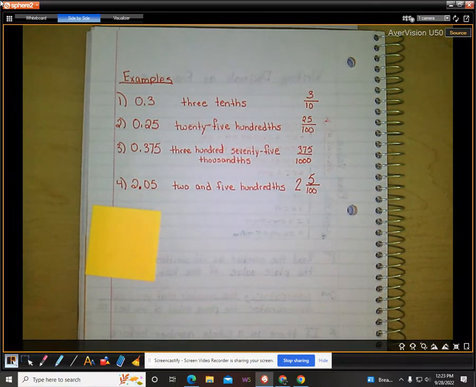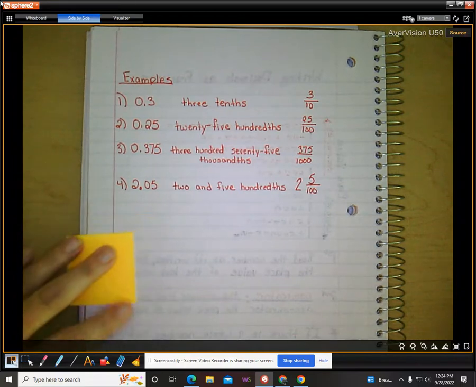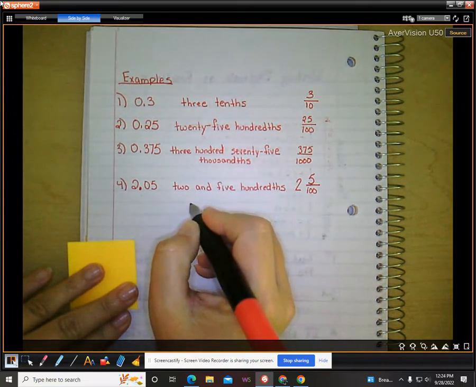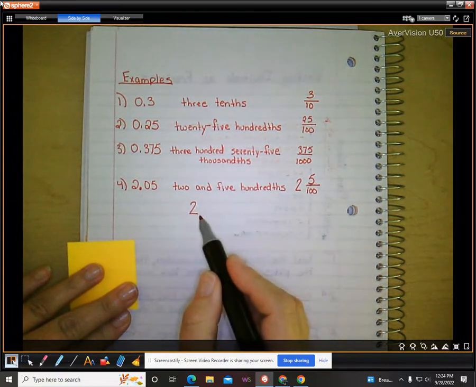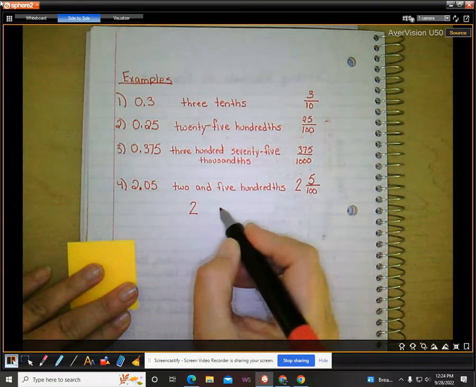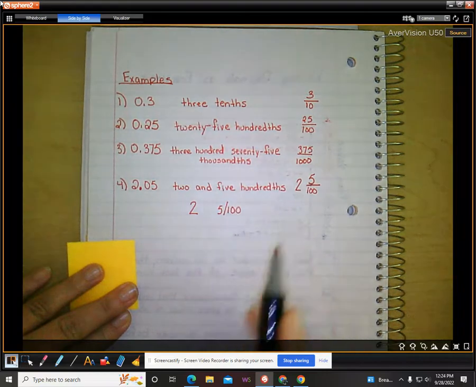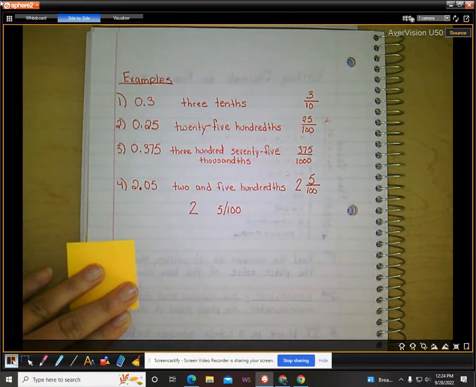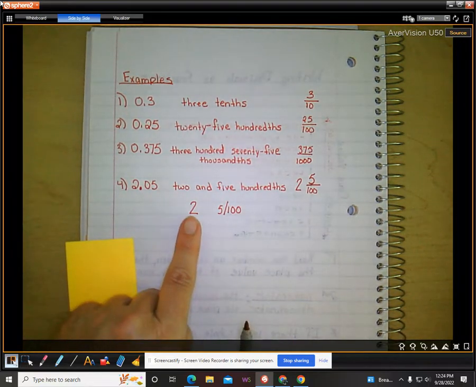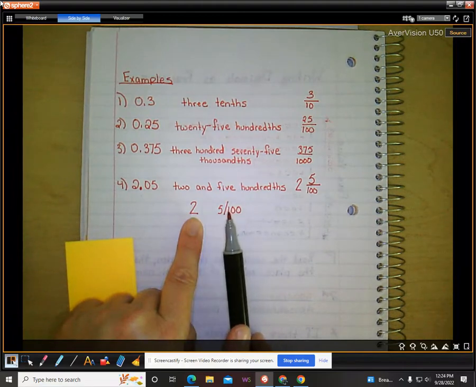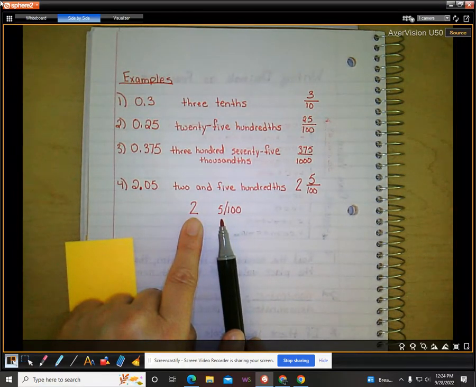When you go to type a mixed number into IXL, into Canvas, into iLearn, here is how it would be typed. You would do the 2, then you have to have a space. Then you would type the 5 and the 100. But anytime you're typing a mixed number, there has to be a space between the whole number and the beginning of the fraction.